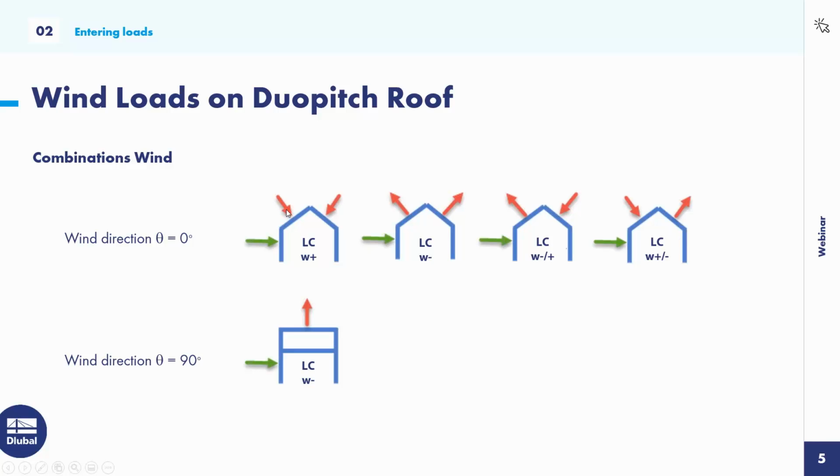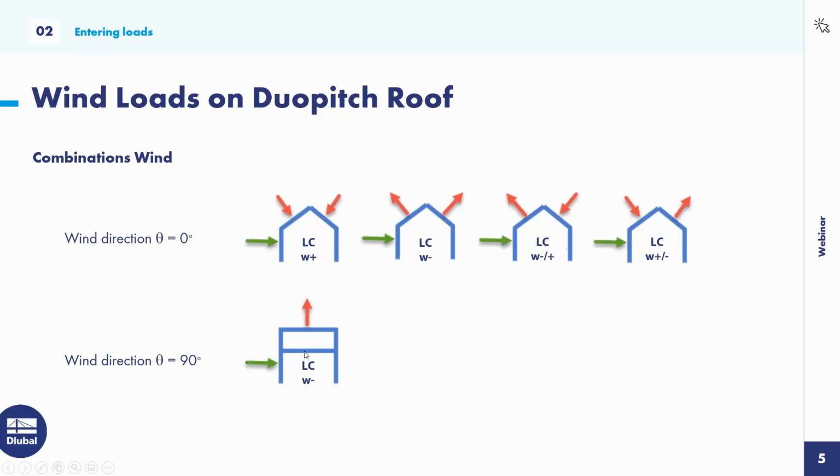The first load case is with pressure on the roof, with suction is the second, then suction, pressure and suction. And for dual pitch roofs, the wind direction 90 degrees is what we need to apply. This load case here with suction.